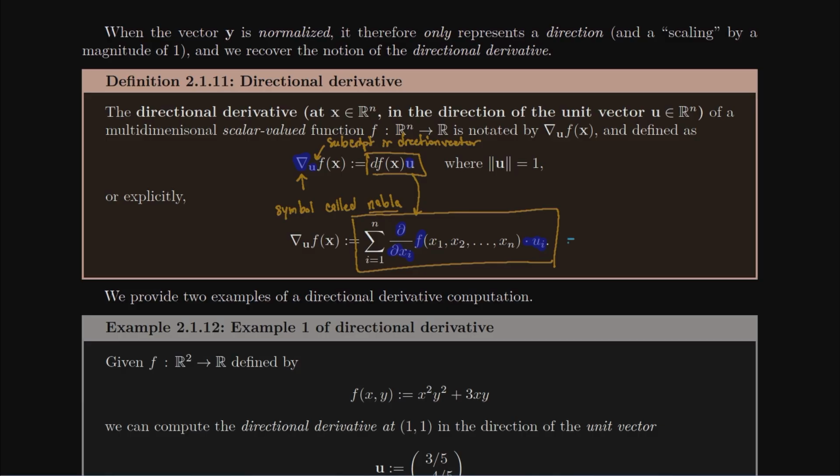But what that means is that this will be a single real number output, which describes the slope on the surface if traveling in the direction u.